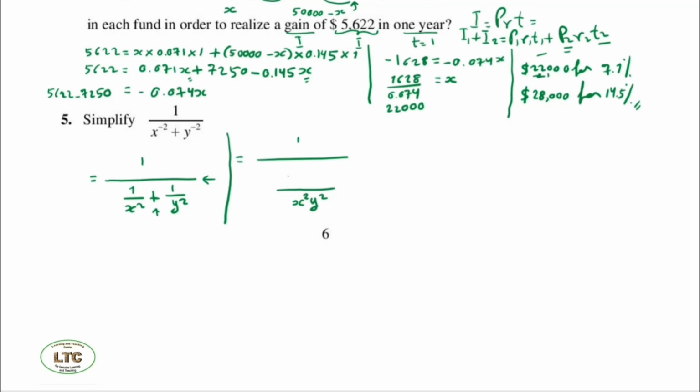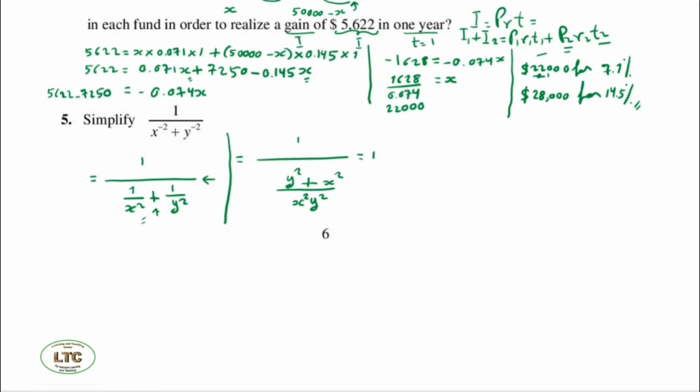So you must put y squared here. Y squared divided by a squared y squared is equal to 1 over a squared. Correct, the first one. And the second one, 1 over y squared is equal to a squared over a squared y squared. Then, because they have the same denominator, you just add the numerators.